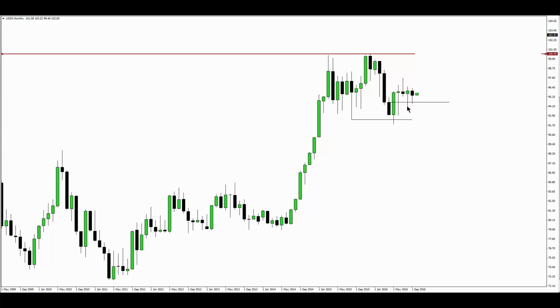But at that moment when it hits this, the low on that candle comes in at 94.07. And the level we had here is 94.58. So about 50 pips, thereabouts, in terms of movement through the level.